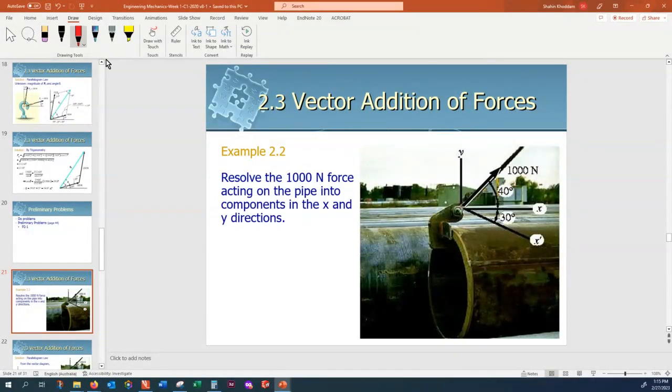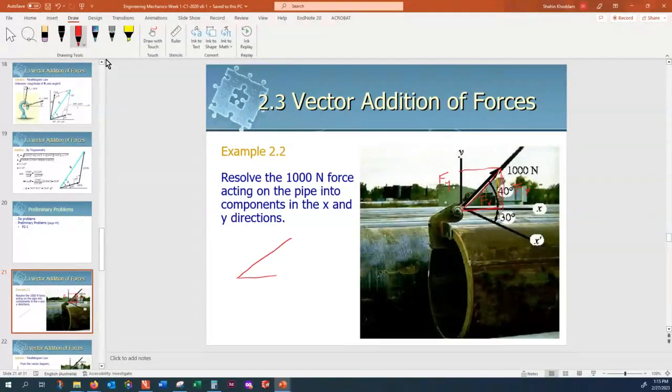So if I want to resolve that one into x-axis, all I have to do is construct a right triangle. So in that right triangle, this is the x component, that is the y component. So this is Fx, and that one is Fy. And this angle is 40.